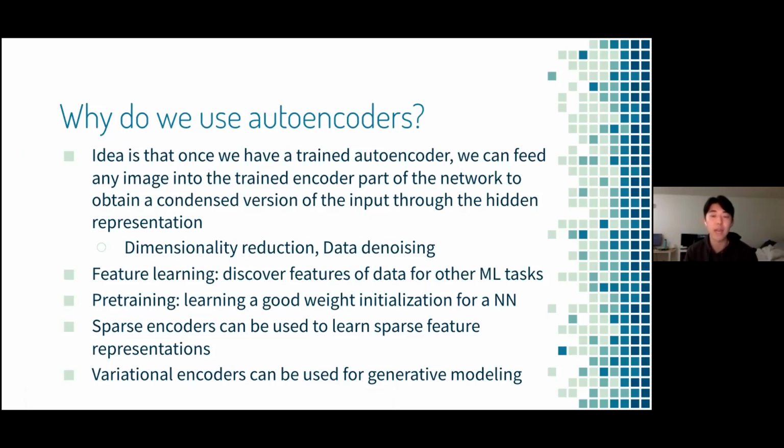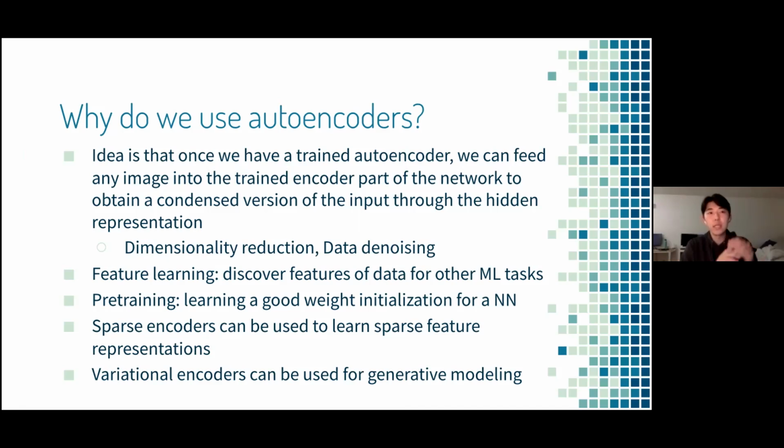It can also act as a form of data denoising. This can be very effective in feature learning. If we don't know which features are particularly relevant for our image, or whatever input data type you have, you can use autoencoders to find out which portions of your data are really important and substantive toward your input data.